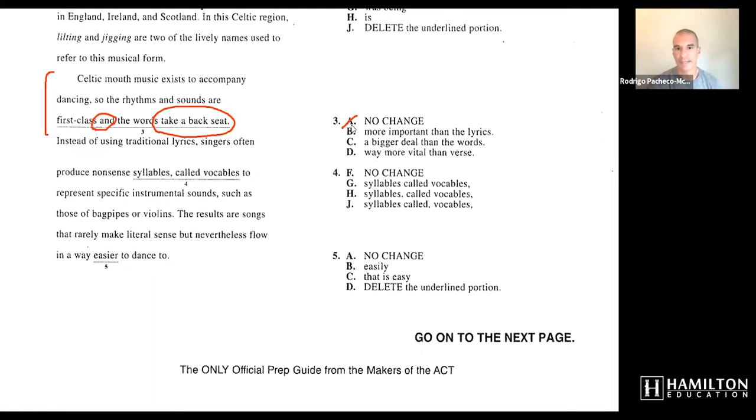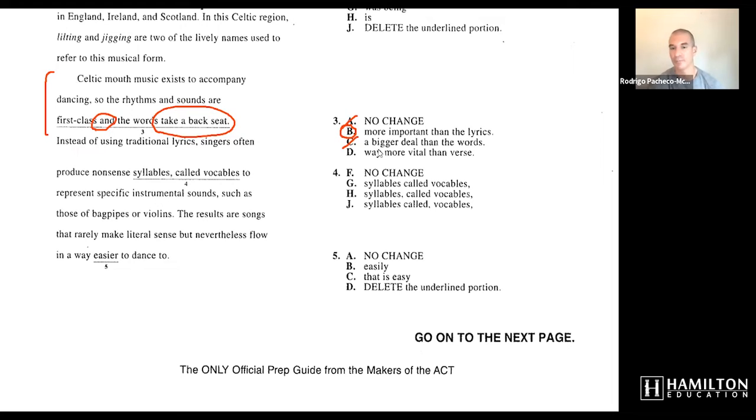We know that the correct answer here is B, more important than the lyrics. Now this fits the context and the tone of the passage. C, a bigger deal than the words. This is pretty informal, a bigger deal. Doesn't really convey the same idea as more important.